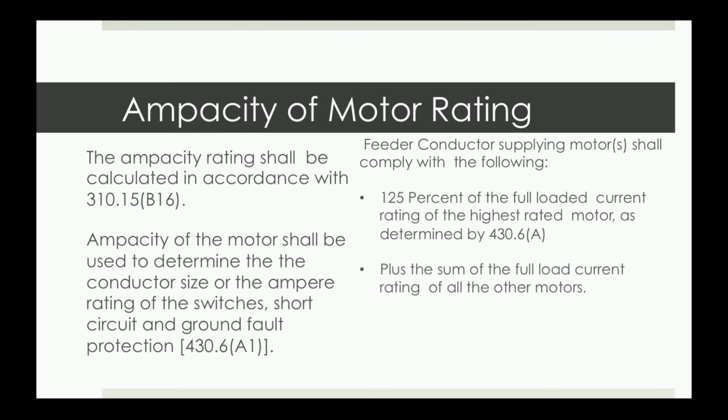Now, any additional motor should be added to the largest motor that is included in the circuit. Alright, so in the case where there's a single motor, we shall take 125% of the full load current rating of the motor to size the feeder conductor.